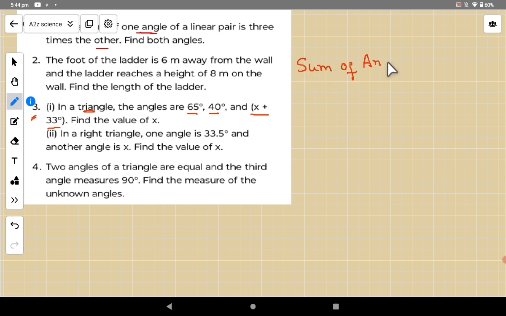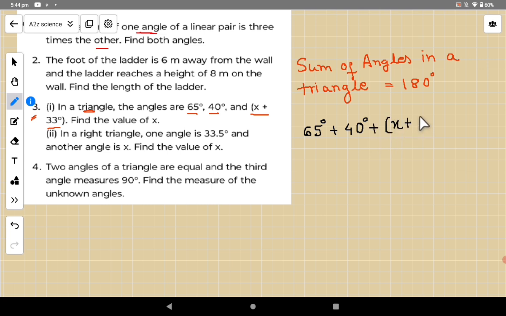Sum of angles in a triangle is 180 degree. So according to the problem, we can add all the values. 65 degree plus 40 degree plus x plus 33 degree is equals to 180 degree.